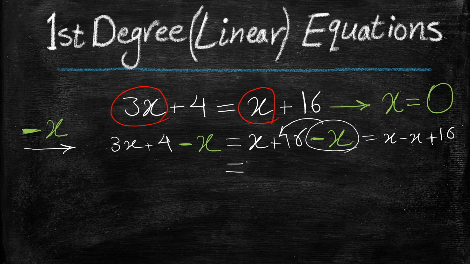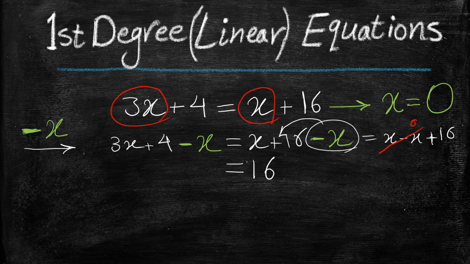Something minus itself is 0, like 2 minus 2 is 0. x minus x is also 0. So the right hand side is just 16. It simplifies as 16.